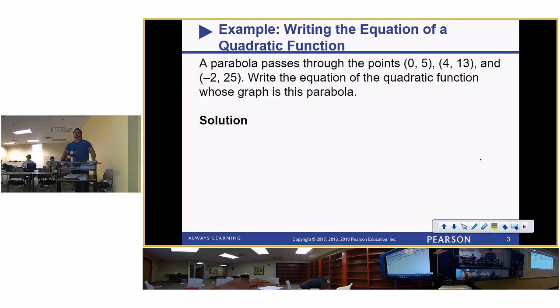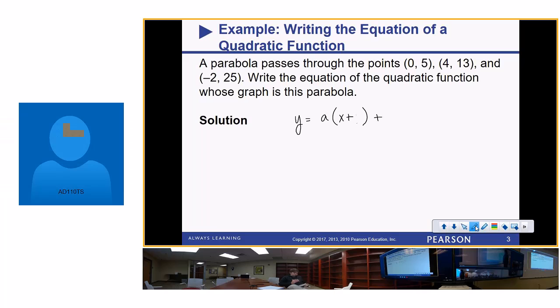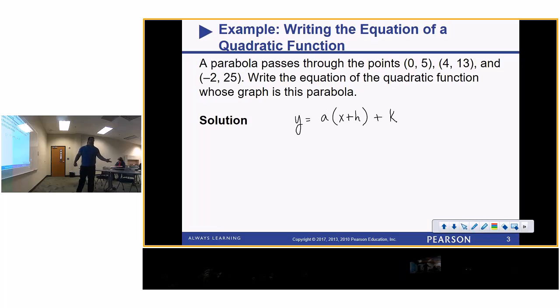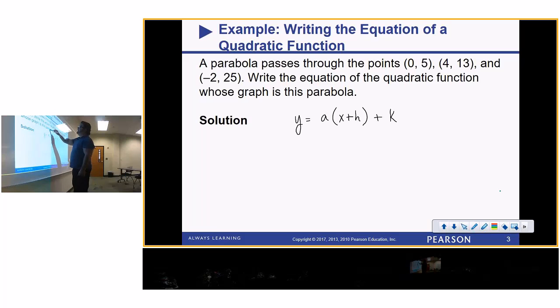All right, so let's look at this thing. y is equal to a times (x plus h) squared plus k. Y'all remember that, right? Now, do we know it's a parabola? Yes, because it says it in the problem.